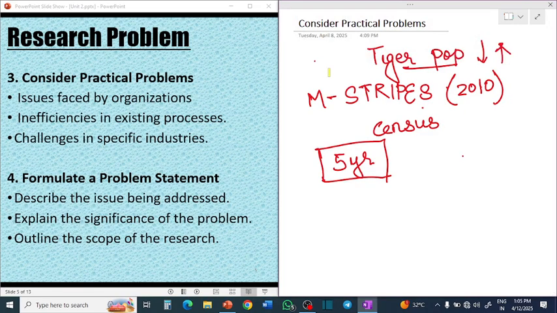For the sake of our example, suppose you have researched the tigers' population. You have seen in newspapers and articles that the tigers' population is decreasing.